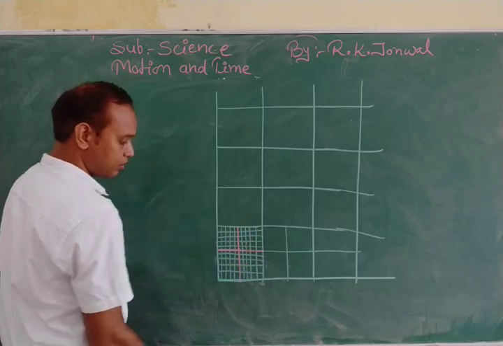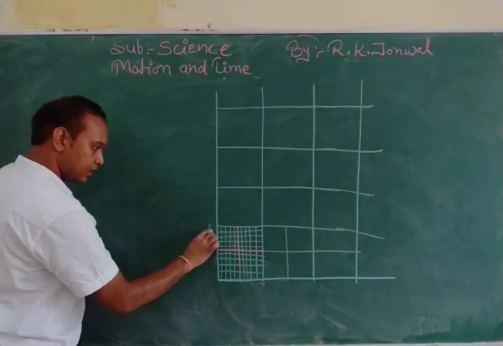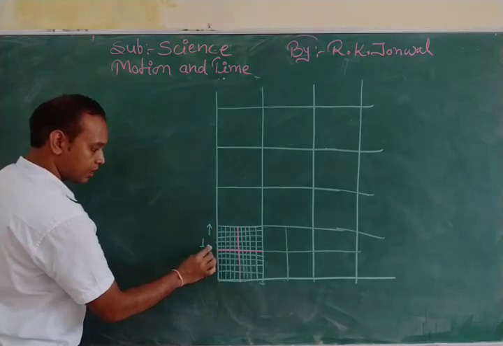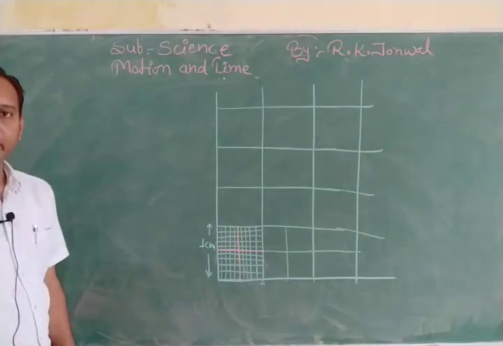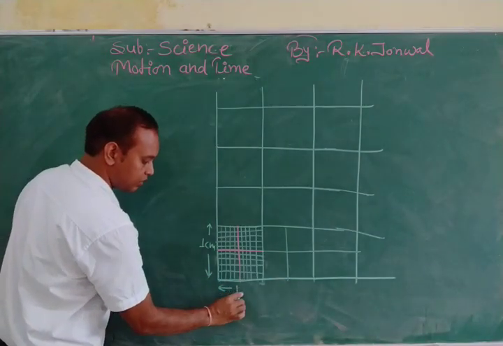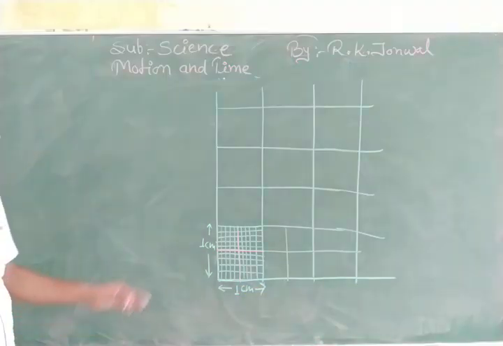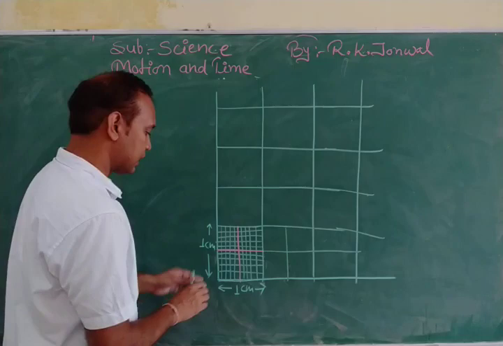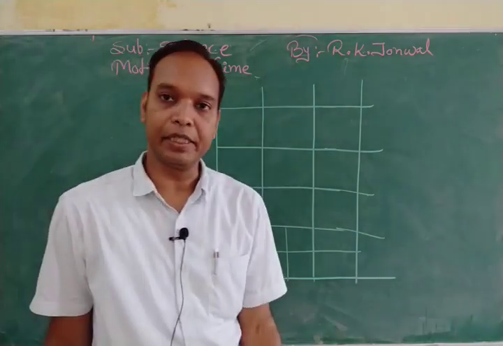There are 10 blocks, there are also 10 blocks. So that area covers the distance equal to 1 centimeter. That area also covers the distance equal to 1 centimeter. So we can say here one block of graph is the square of 1 centimeter.